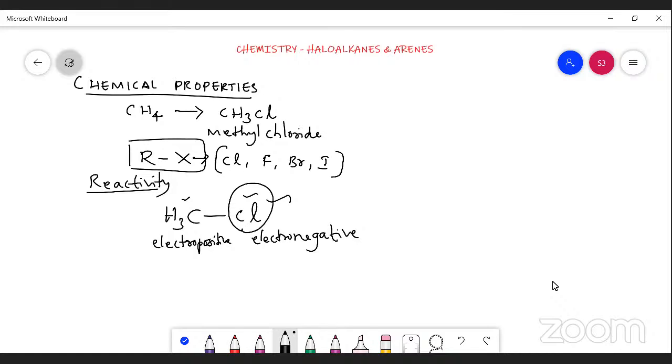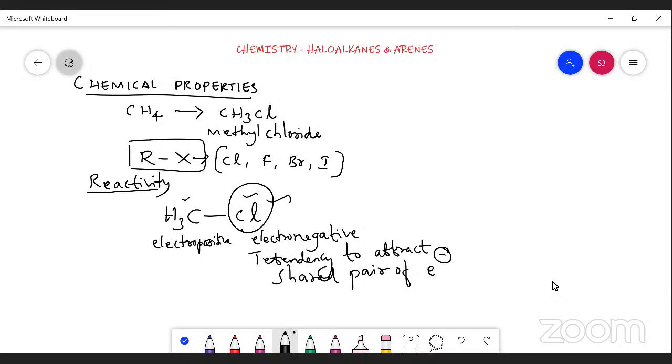This is called electronegativity. Now if you take the bond between the carbon and the chlorine, the carbon has to give 1 electron.